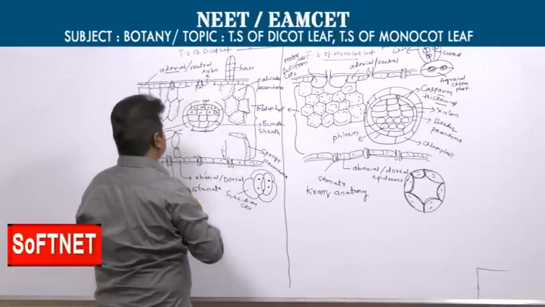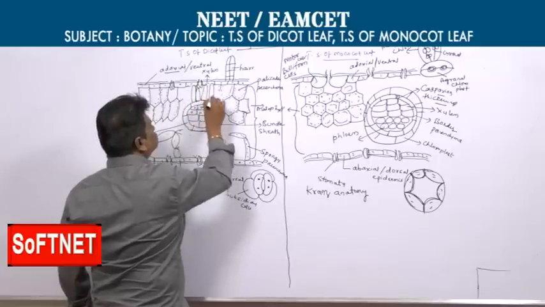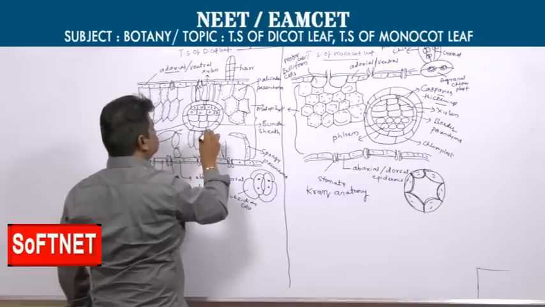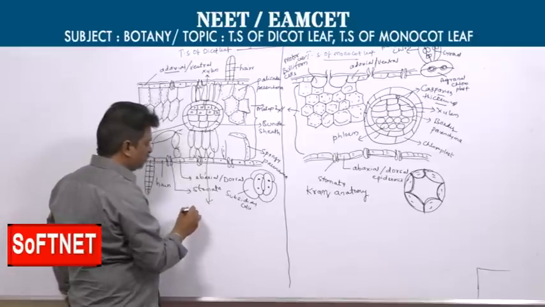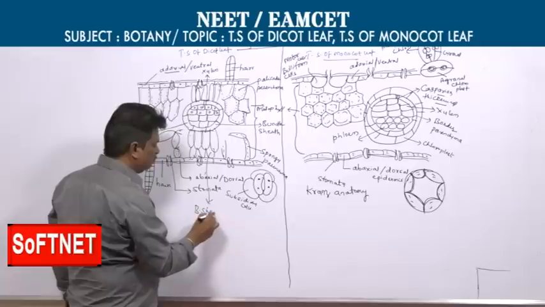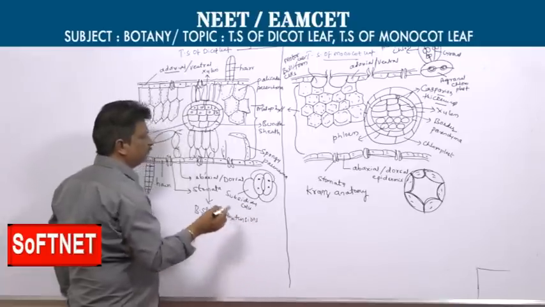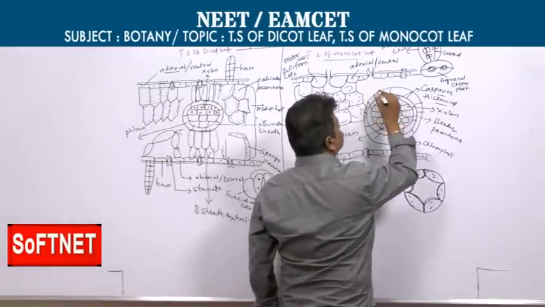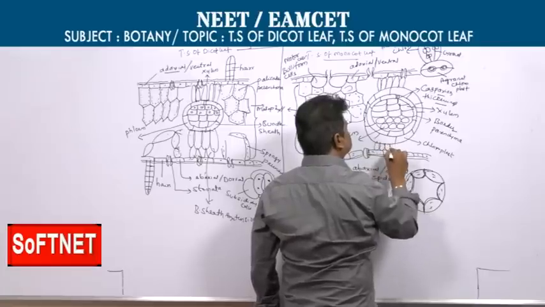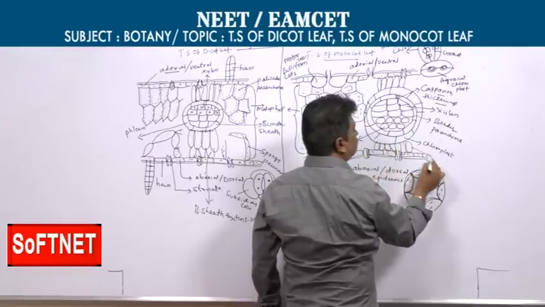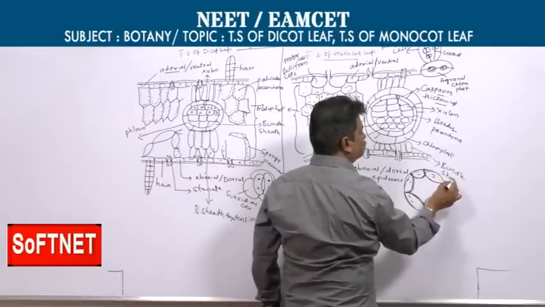Then one more point. The bundle sheath cells on the upper side and also the lower side undergo division and form cells called bundle sheath extensions. So bundle sheath extensions are present in both dicot leaf and monocot leaf.